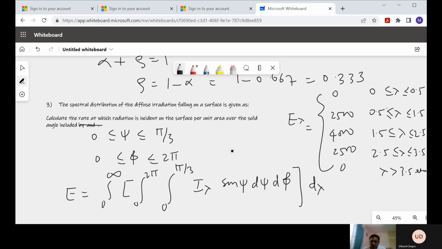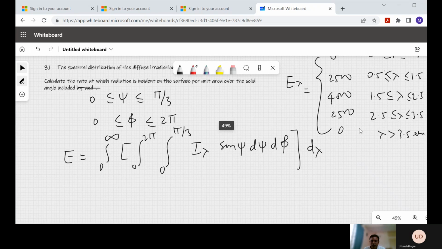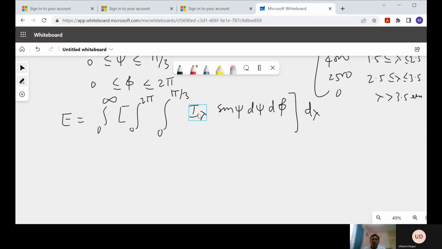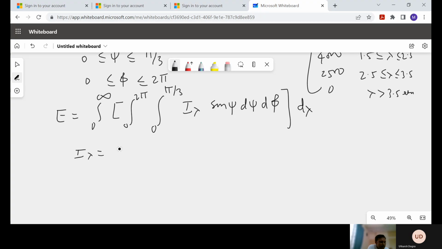Okay, so let me just scroll up a little bit. Now in this equation, this I lambda is nothing but the spectral intensity, and the spectral intensity is given by E lambda by pi cos psi, isn't it? That's what the equation is. So we can put it in this equation.